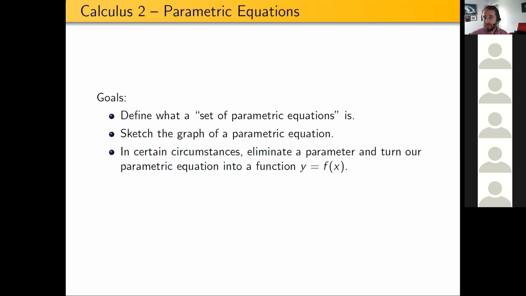There are two additional topics that we include in Calc 2. Because they stand alone, they really could have gone at different points throughout the semester, but I decided to put them here at the end as a winding down moment. And those are parametric equations, which we'll be talking about today, and polar coordinate transformations, which we'll be talking about on Monday.